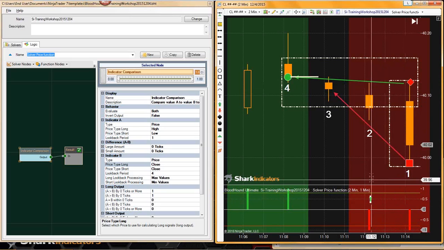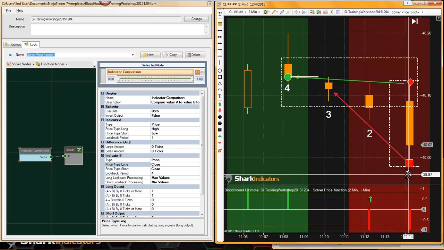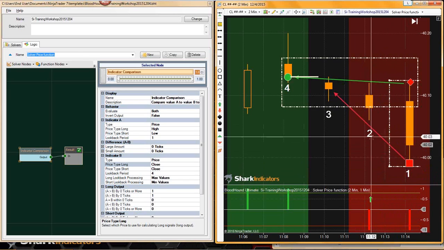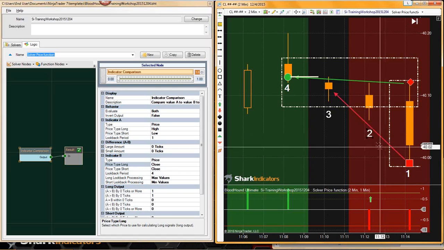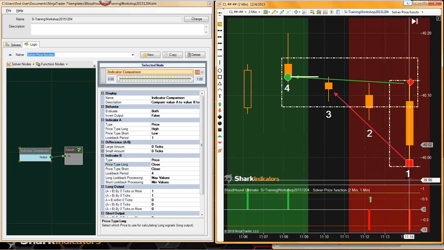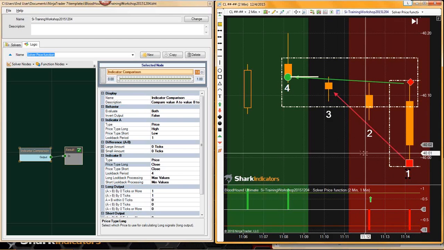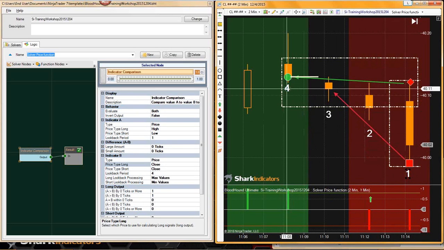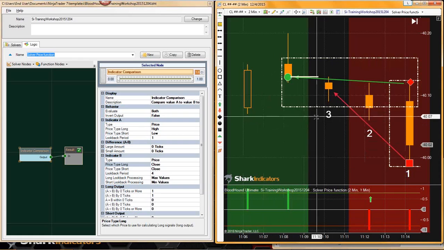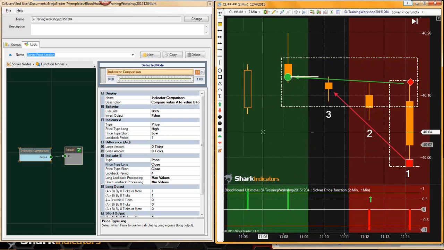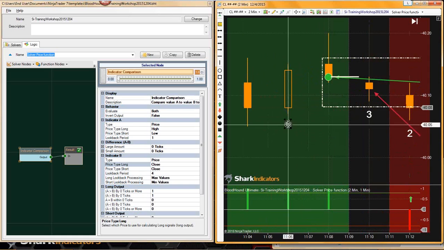Let's see if I can do this here. That's a bummer, I can't select multiple things in Ninja, but let's just slide everything back.